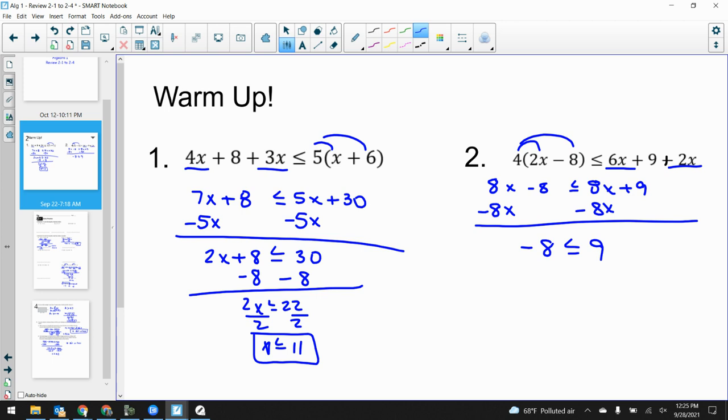Is negative 8 smaller than 9? Yes, that's a true statement. All real numbers. Questions about that? Again, if the variables cancel out and you get a true statement, it's all real numbers. If the variables cancel out and you get a false statement, no solution.